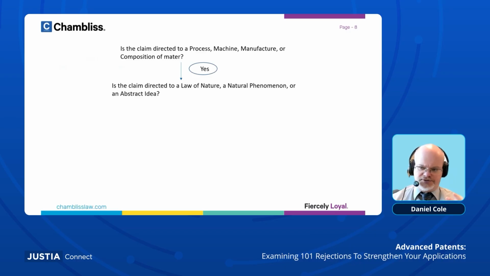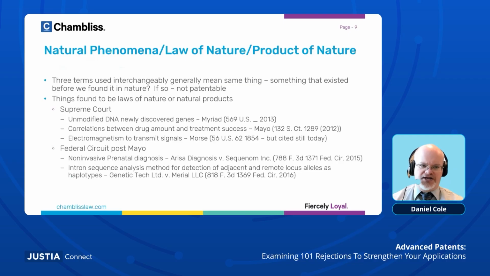The next thing, as we looked at on our first chart, is whether the claim is directed to a law of nature, a natural phenomenon, or an abstract idea. First of these is going to be the law of nature, natural phenomenon, product of nature, which you'll also sometimes see in the case law and when other people talk about this.